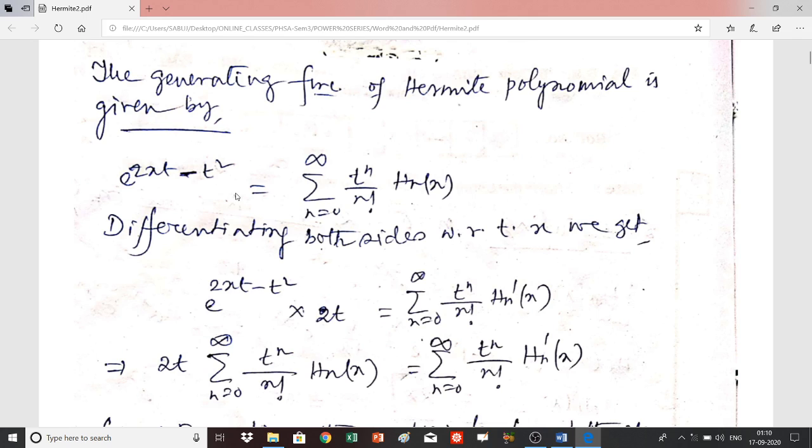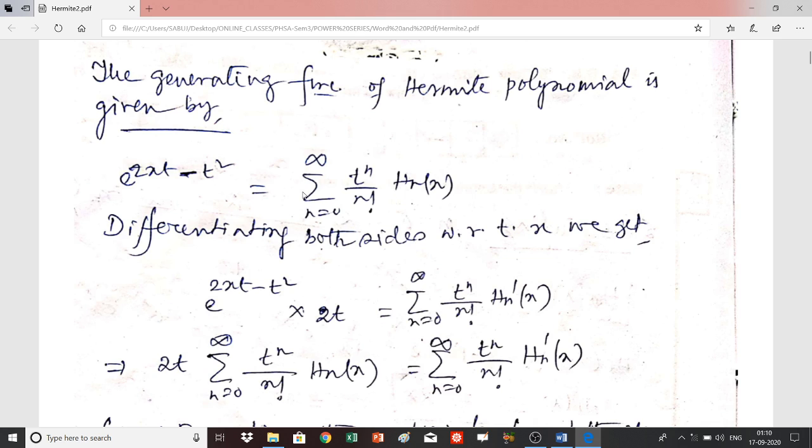Now we differentiate both sides of this equation, that is e to the 2xt minus t square equal to the sum from n equals 0 to infinity of t to the power n by n factorial Hn(x), with respect to x.